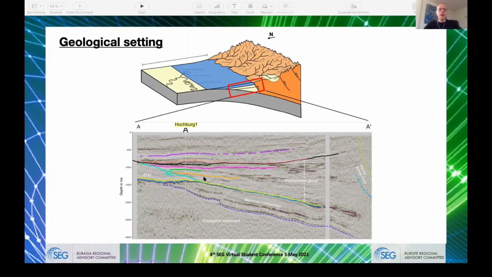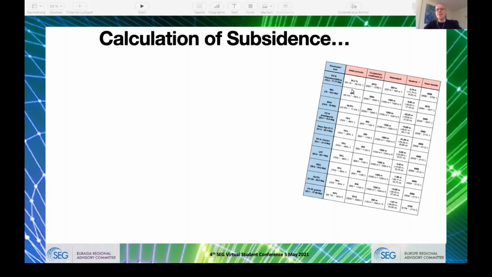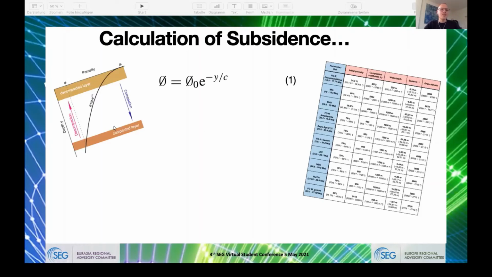So now we are able to calculate a subsidence analysis or a subsidence curve with all of these 11 dated reflectors. And by doing so, we have to calculate the initial porosity, compaction coefficient, water depth, sea level, grain density of every unit. We have to get the initial porosity. We have to decompact every layer.